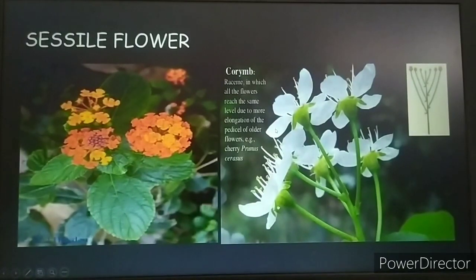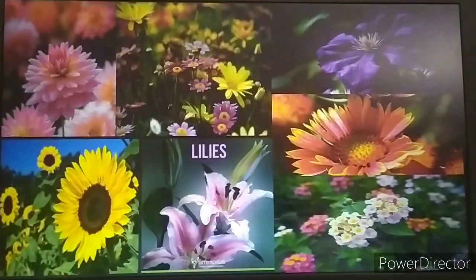Now, the flowers may vary in size, shape and color. As you can see in this module, the flowers are of various sizes, their shapes are different, and you can also find beautiful attractive colors. But all the flowers have the same basic parts.